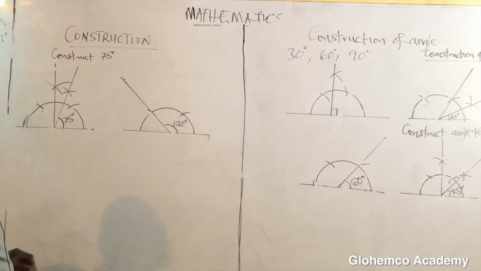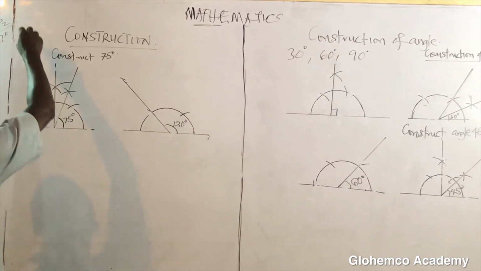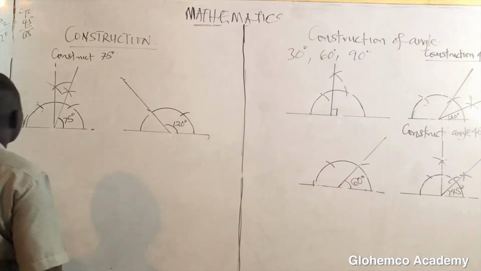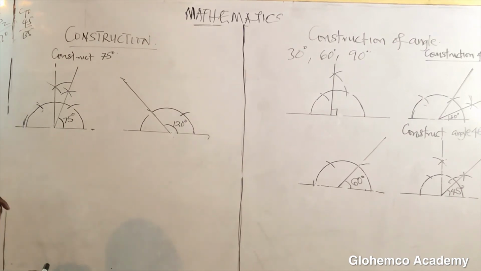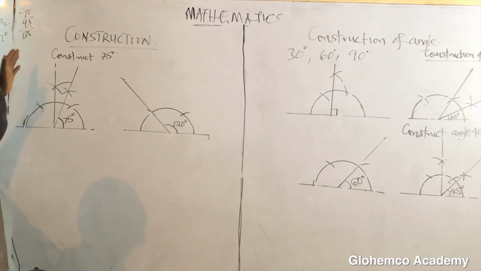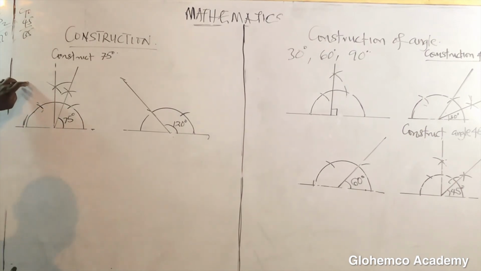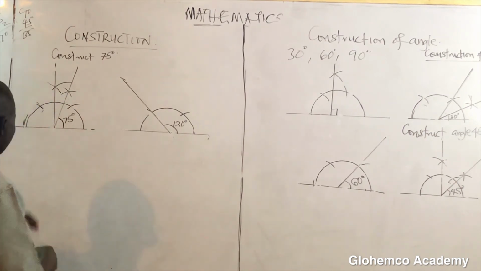It is easier for us to get 135. 135 is what? 90 plus 45 will give us 135. This means this angle is 90. If we bisect angle 90, it will be 45. So 45 plus 90 will give us 135.